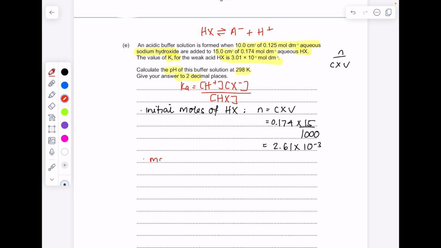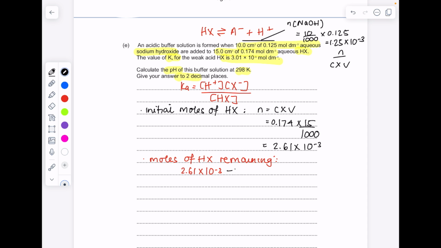What about our moles of weak acid remaining once the sodium hydroxide has been added? Well, we take our number of moles that we had to begin with. We need to find out the number of moles of sodium hydroxide that were added. So I've done a quick calculation up there.